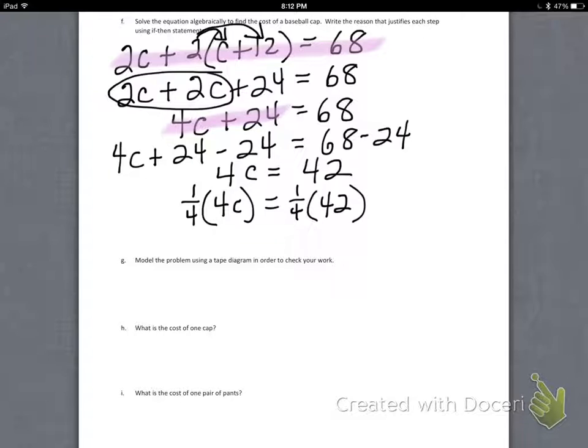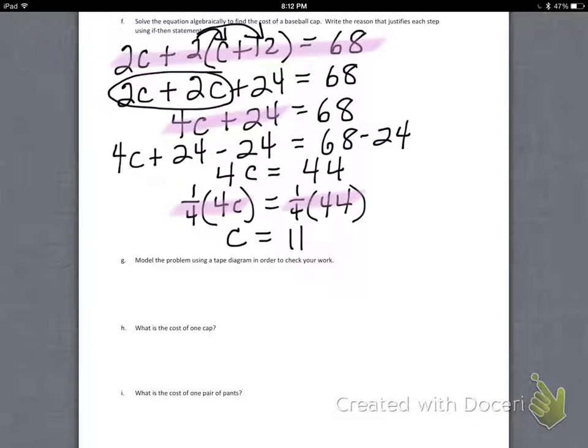Let's see, did I do my math right? I did not. Hold on a second. Of course, very simple things you do incorrectly. That should be 44 there. All right, so now I'm down to 1/4 times 4c equals 1/4 of 44. Again, that's dividing them both by 4, which means c equals 11.